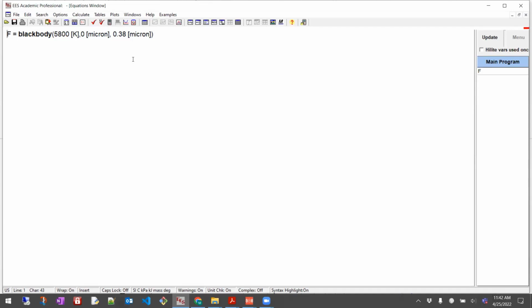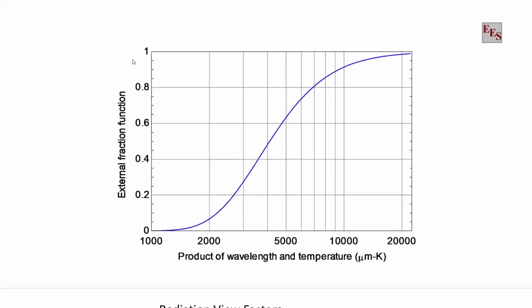One last thing to look at. If we actually plot out this function, it's just one curve. Remember what we're doing here is looking at the product of wavelength and temperature and using that to compute the fraction of light.